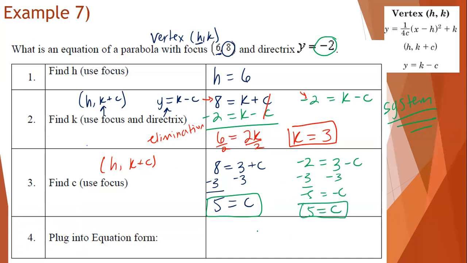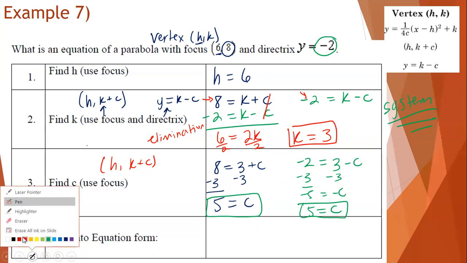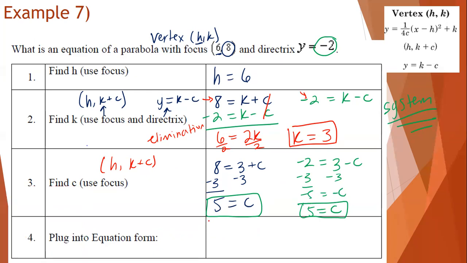And now you're going to write it all as your equation. So your equation, again, is y equals 1 over 4c times x minus h squared plus k. I have my c, I have my h, I have my k.